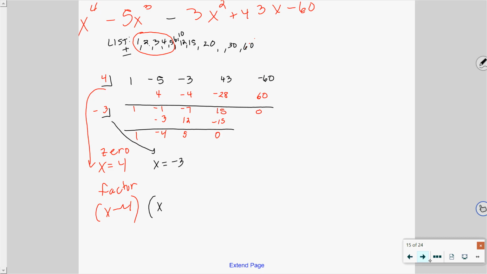So then its factor is x plus 3. I'm purposely writing it like this, guys, for our new part that we're doing today. And then our quotient is x squared minus 4x plus 5.